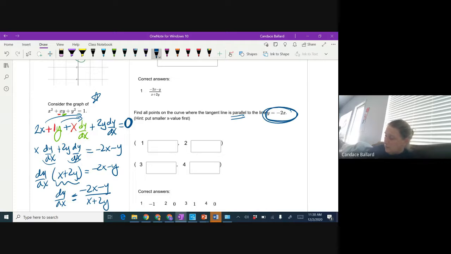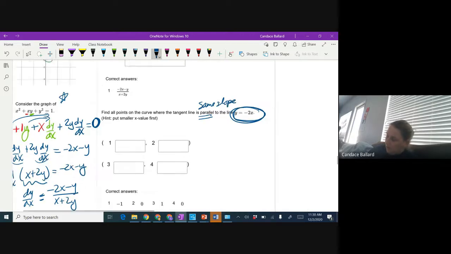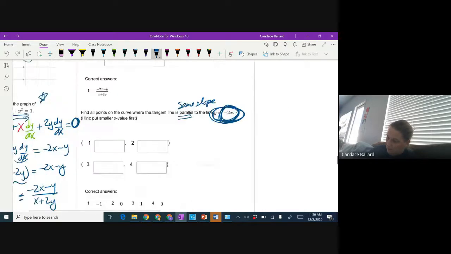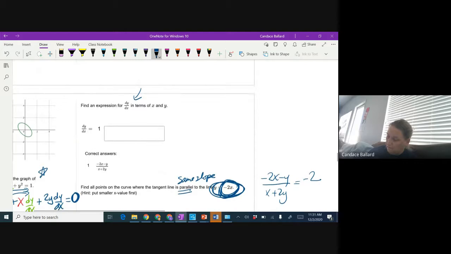So parallel, I'm going to write that in there. Same slope for all of our friends who did not join us. So I know that my slope has to be equal to this guy right here. So we're going to do that: negative 2x minus y over x plus 2y equals negative 2, because I really only want the number that's the slope number because they're parallel.